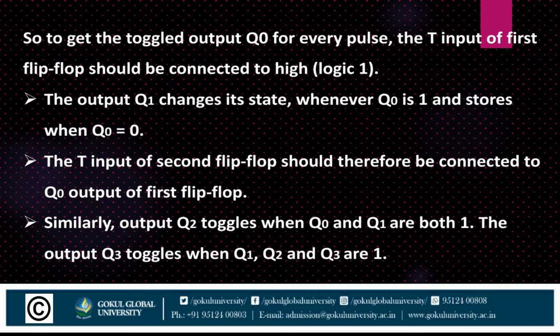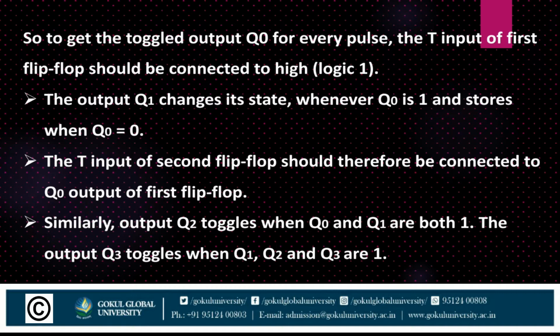The output Q1 changes its state whenever Q0 is 1 and stays the same when Q0 is equal to 0. So the T input of the second flip-flop should therefore be connected to the Q0 output of the first flip-flop.